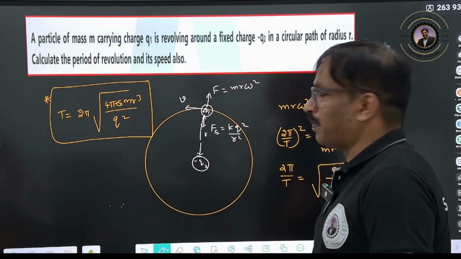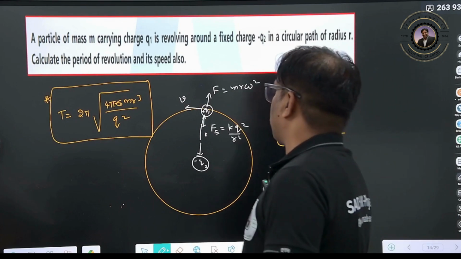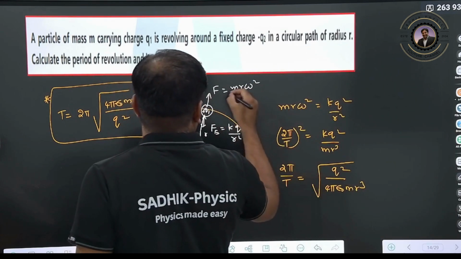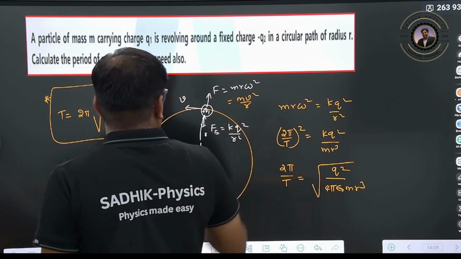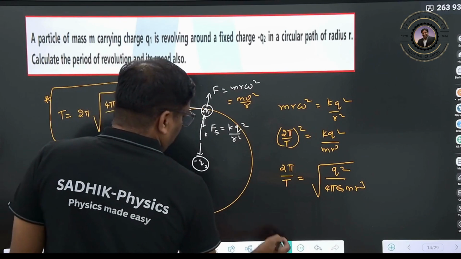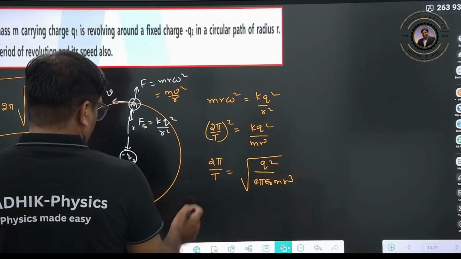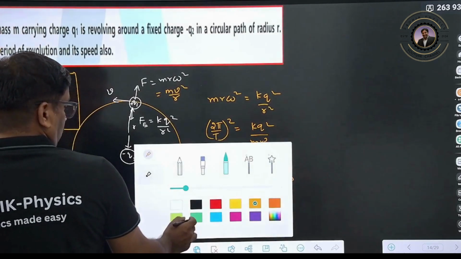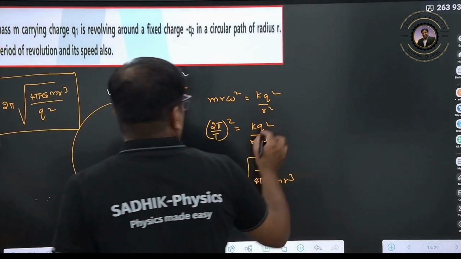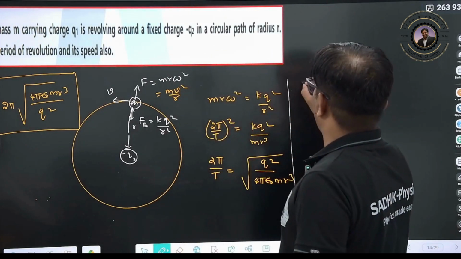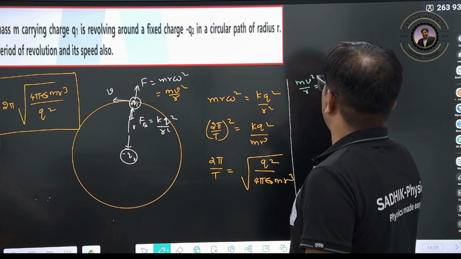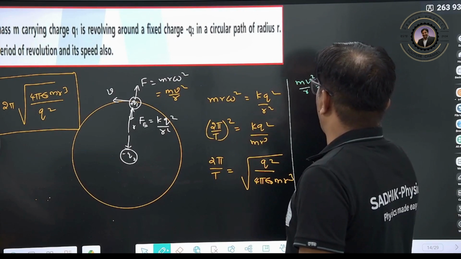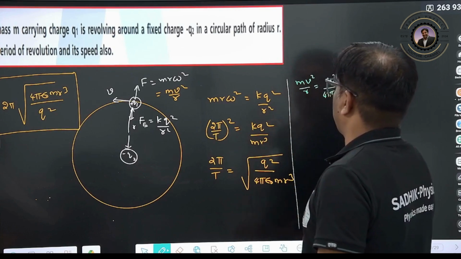Also the speed you can calculate. What will be the speed here? You can use the same formula, m v square by r. So m v square by r is equal to q square by 4 pi epsilon naught into r square.